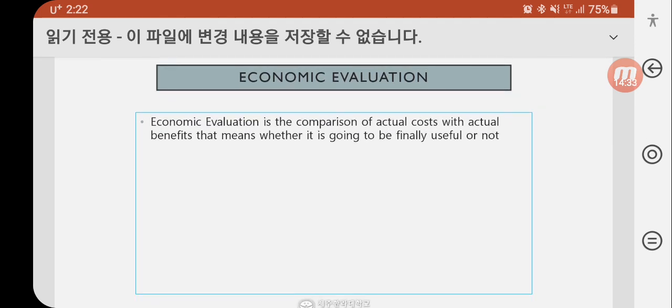Economic evaluation is the comparison of actual costs with the actual benefits. That means whether it is going to be finally useful or not. Thus, it is important to know not only the challenges and the methods, but also the evaluation techniques in order to make an information system operational and effective.